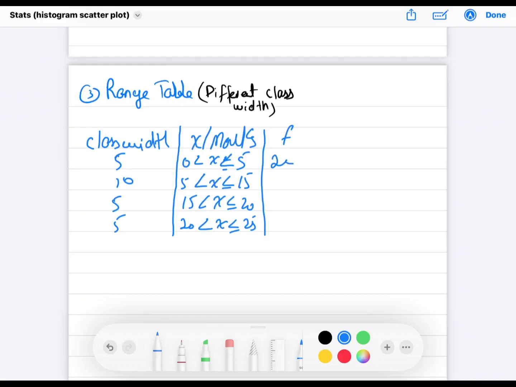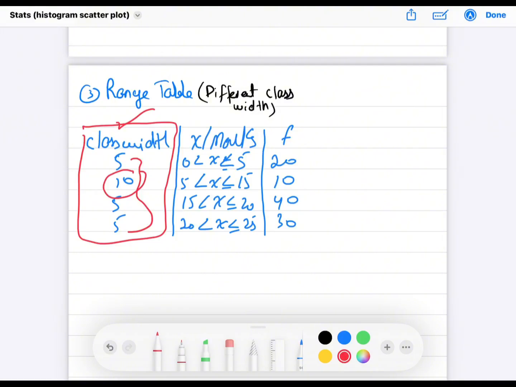And the frequency is 20, 10, 40 and 30. I have to find out the class width. The class width will not be given; you have to find the class width. So I found the class width, and you can see that the class width is not the same.